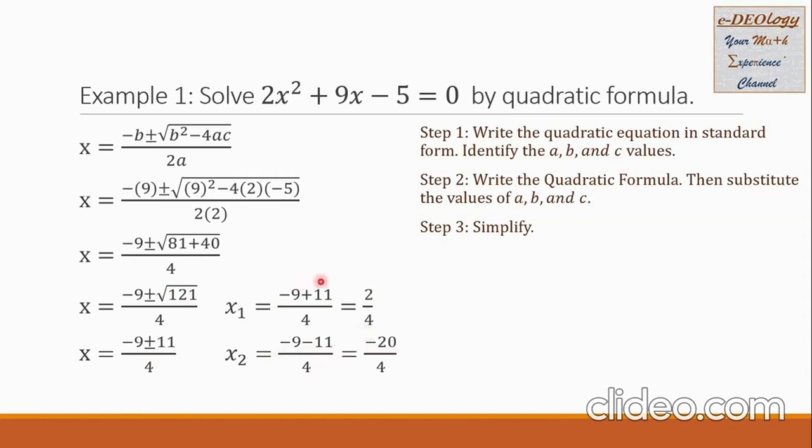Negative 9 plus 11 equals positive 2 over 4. The negative 9 minus 11 equals negative 20 over 4. We can reduce to lowest term the 2 over 4. It is equal to 1/2. The negative 20 over 4 is equal to negative 5. So the two values of x are 1/2 and negative 5.